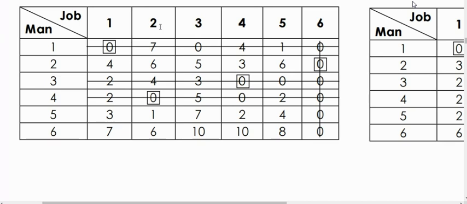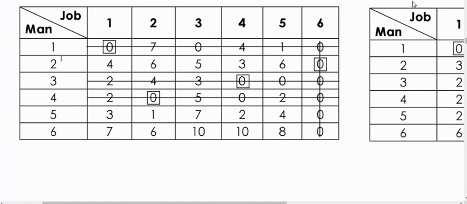Okay. Now come to the second column. In the second column, do I have one zero only or do I have more than one zeros? I have only one zero. So what would I do here now? Again, I would just make a square on this zero. Okay.